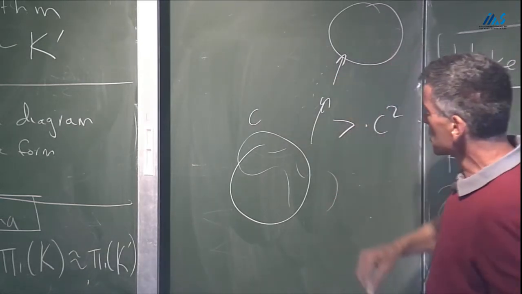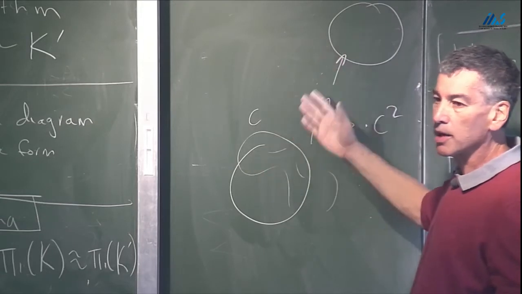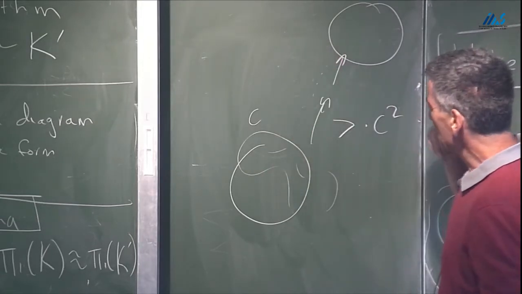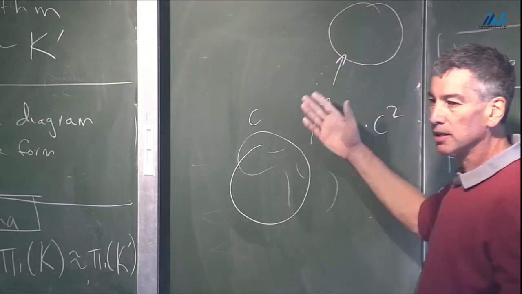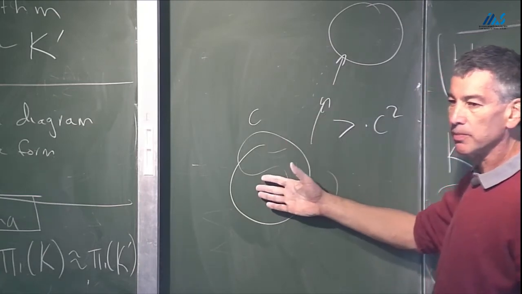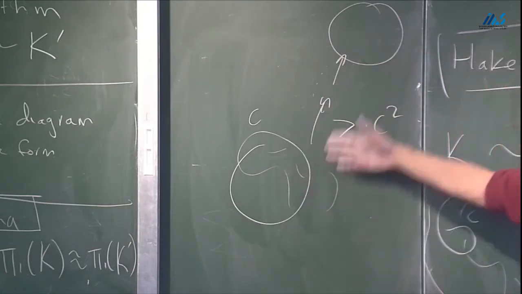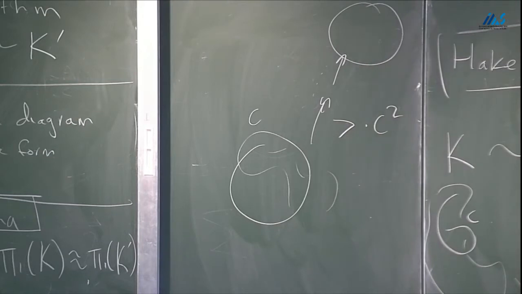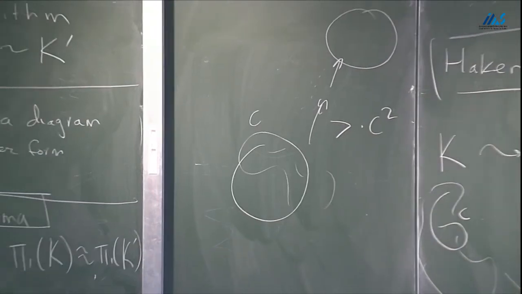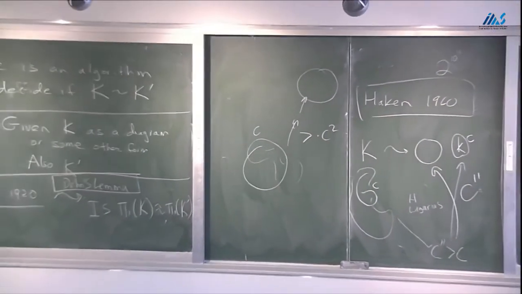But there's another question, which is how complicated the intermediate diagrams are. And I don't know any examples where it has to get more than linearly many crossings on the way from here to here, although that's not known to be true.